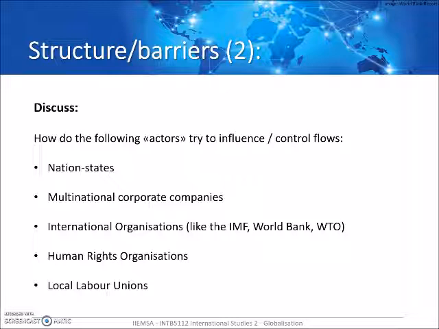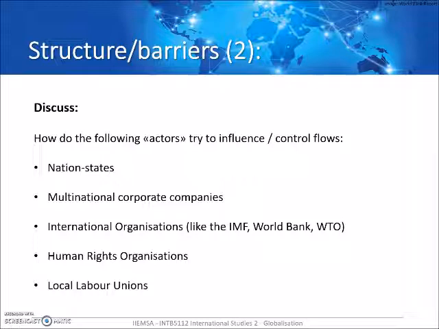A human rights organization that helps refugees is going to fight for fewer barriers and more free flow of people. A human rights organization that fights human trafficking is going to fight the flow of trafficked humans, so it will fight to have more structures in place that limit trafficking.